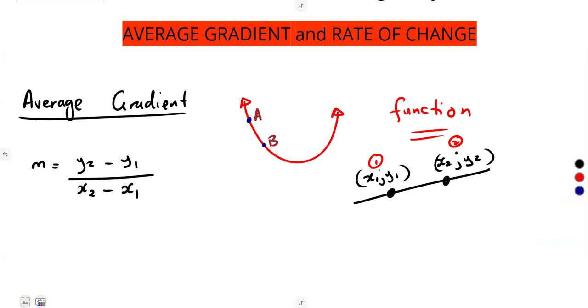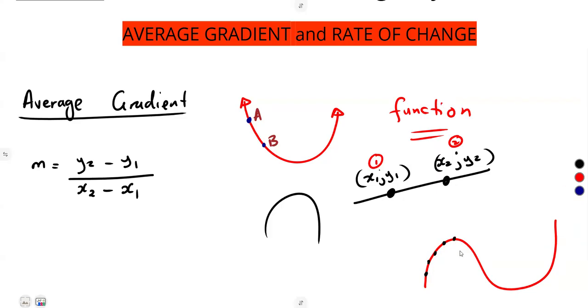Given the equation of a straight line, you can easily tell the gradient is equal to this, all right? So when I have a function like this, any given function, is it a cubic, whatever function that you're given, the gradient, which is the steepness of the slope, changes from one point to another, from this point to this point to this point.